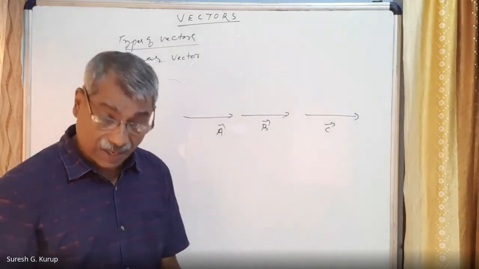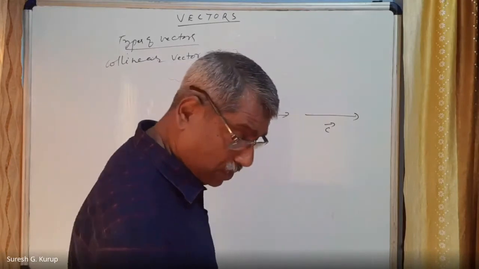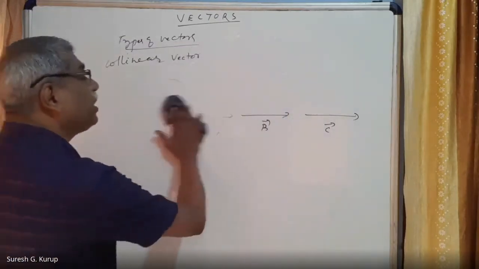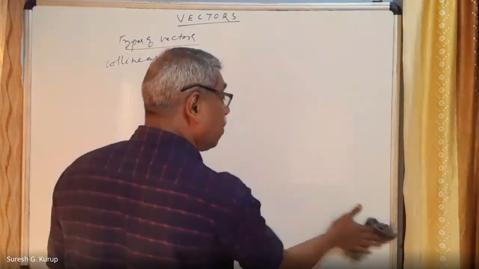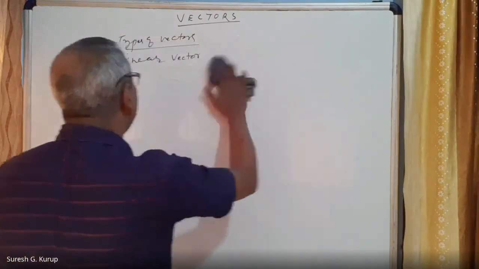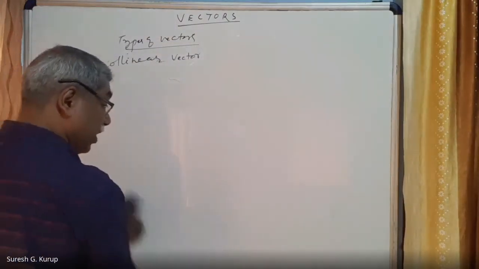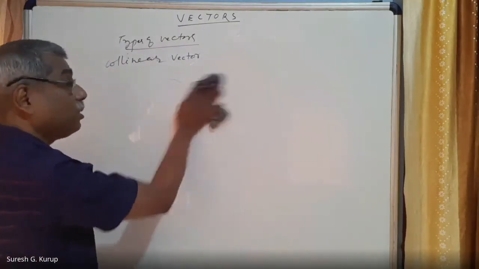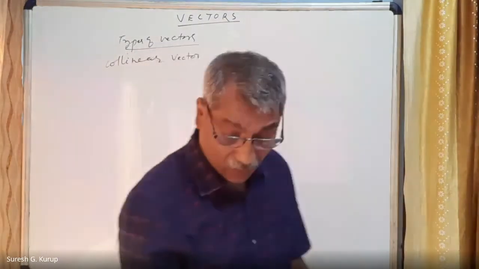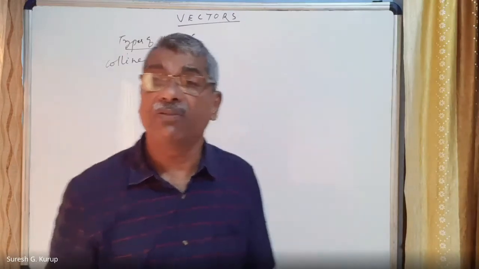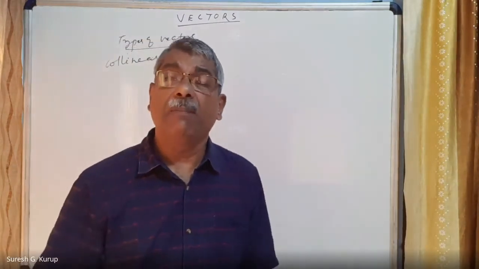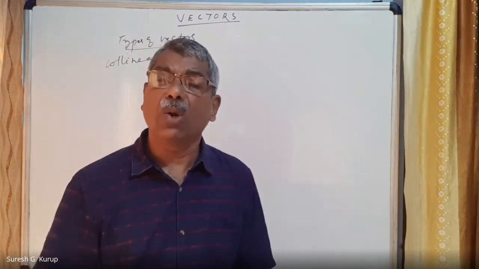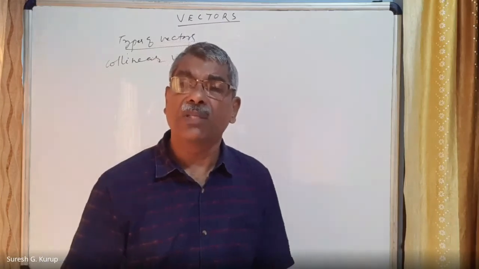So many things we have studied till now. Vectors are quantities which need both magnitude as well as direction. So to add, subtract, or multiply vectors, we cannot use simple methods of algebra, but to add scalar quantities, we can use simple methods of algebra.